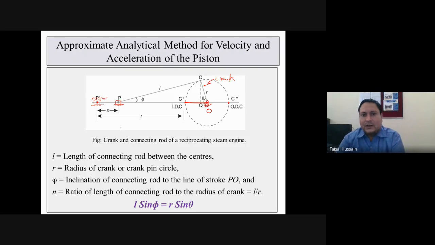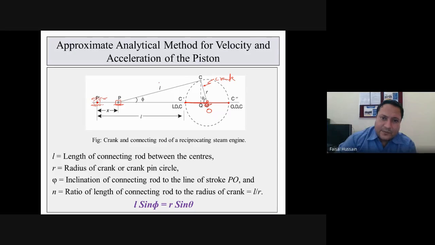Now similarly, when this crank OC will be in this position, O2 C double dash, at that point the position of the piston will be changed and we will get two positions. One will be your maximum, another one will be your minimum position.